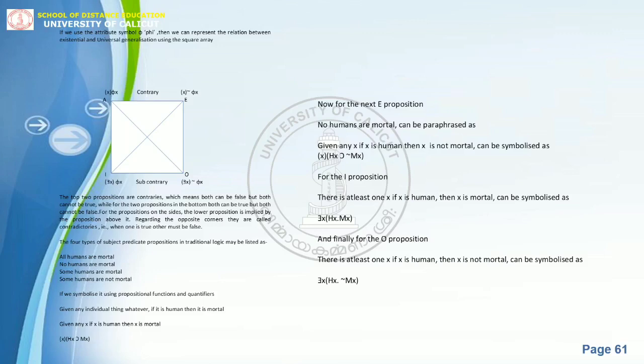In symbolizing a proposition, the parentheses serve as a punctuation mark to indicate that the universal quantifier x applies to its scope, the whole of the complex propositional function Hx implies Mx. That is, it is very important to understand the scope of the quantifier.